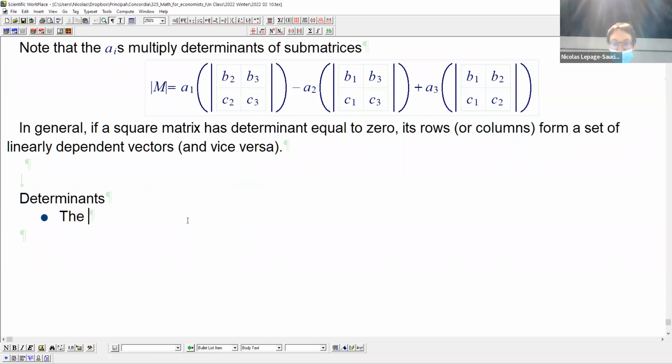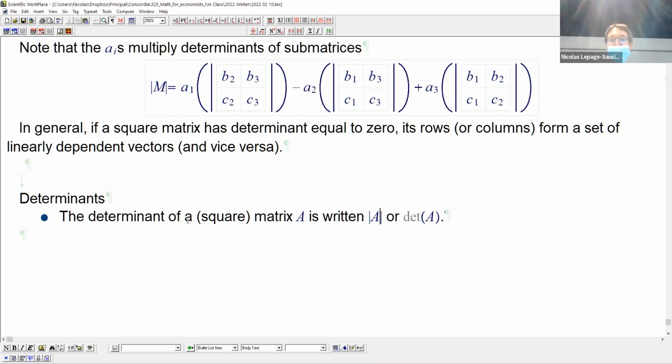The determinant of a square matrix, only square matrices have determinants, is written as I just said, or sometimes you may see that.